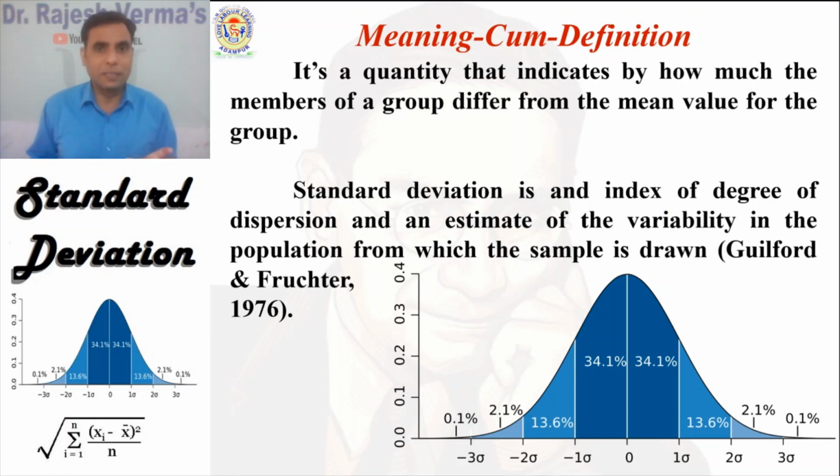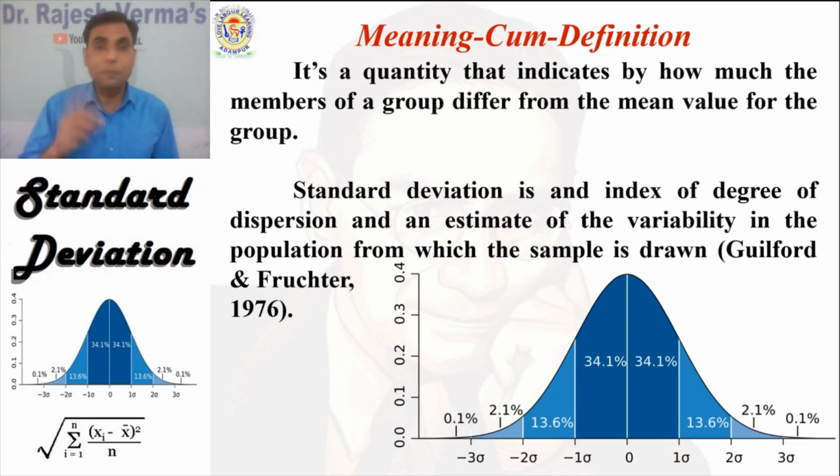It's a quantity. Let us talk about the standard deviation in terms of statistics. It's a quantity that indicates by how much the members of a group differ from the mean value for the group. Means there is a mean. It's very important. Without the mean, we cannot define or calculate the standard deviation.